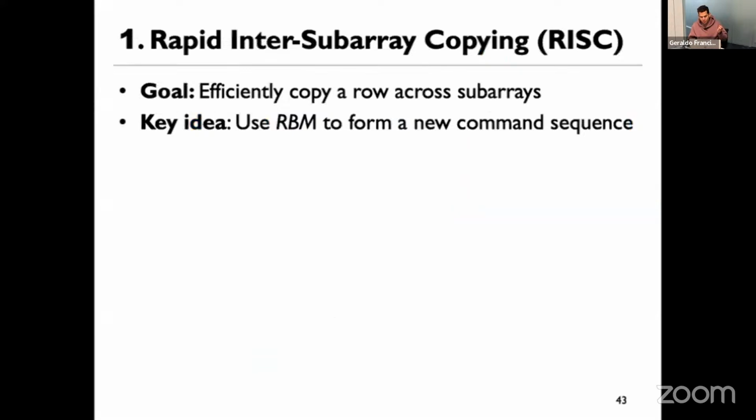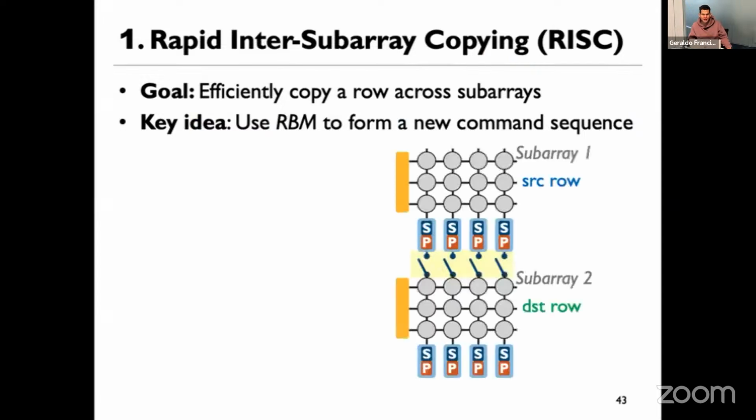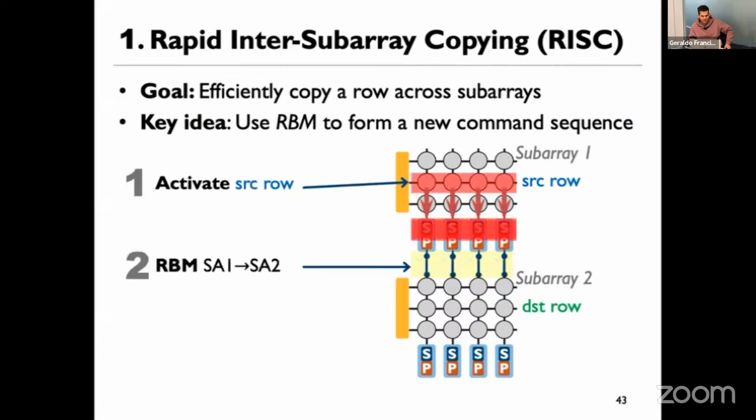So we can use these operations, as I mentioned, to implement several things. The first one is what we call rapid inter-subarray copying, or RISC. The main idea here is to combine these RBM operations with those RowClone operations, that back-to-back activation that I mentioned. So here we first activate the source row, which copies the data to the local amplifier.